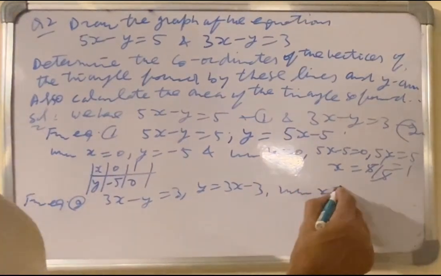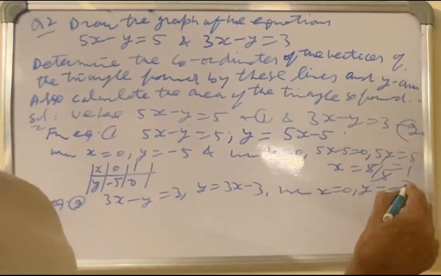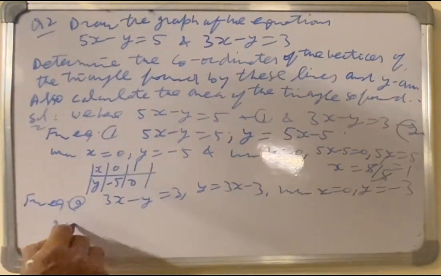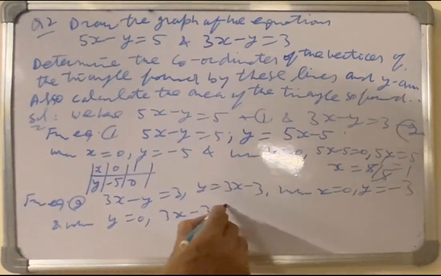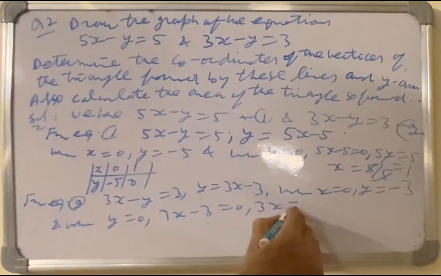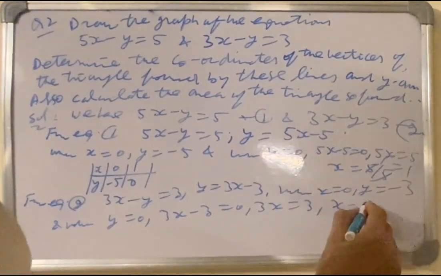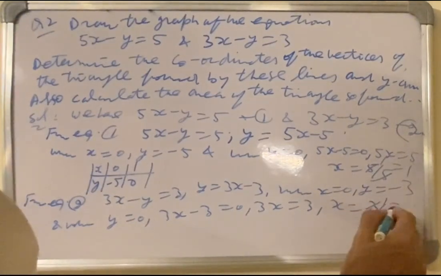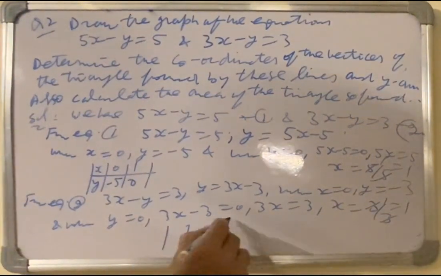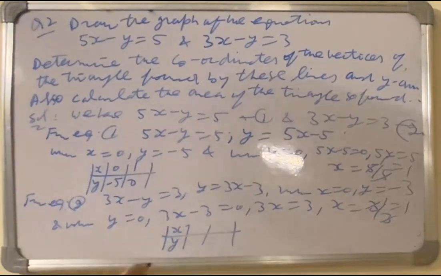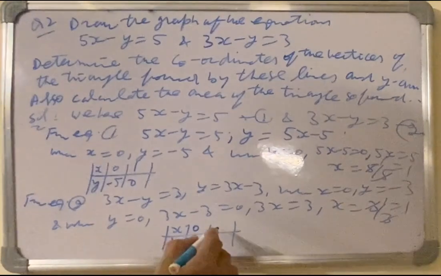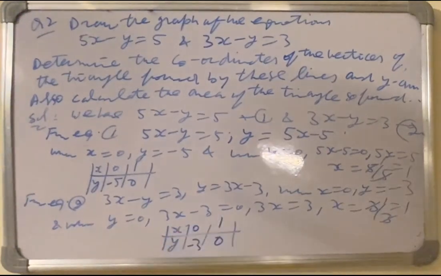When x is 0, y is minus 3, and when y is 0, 3x minus 3 is equal to 0, 3x is equal to 3, x is equal to 1. So for second equation, when x is 0, y is minus 3, and when y is 0, x is 1.